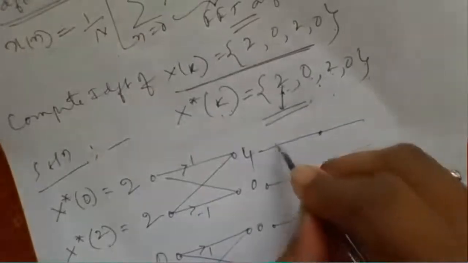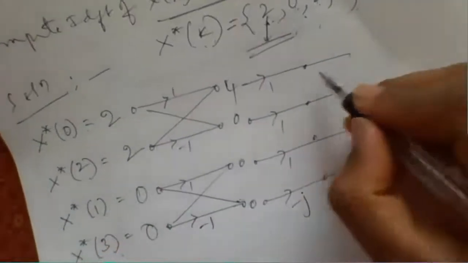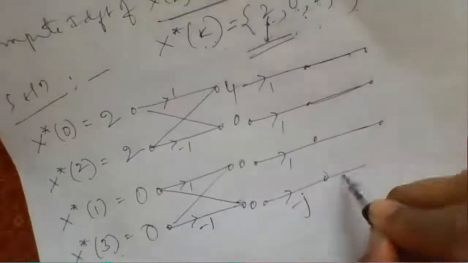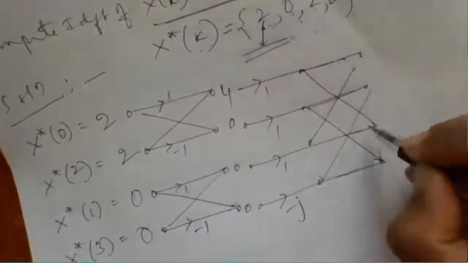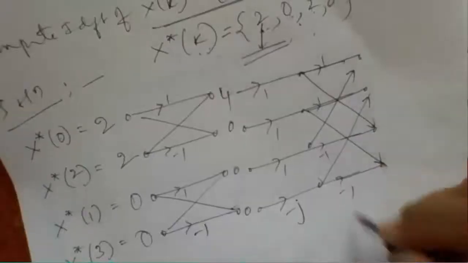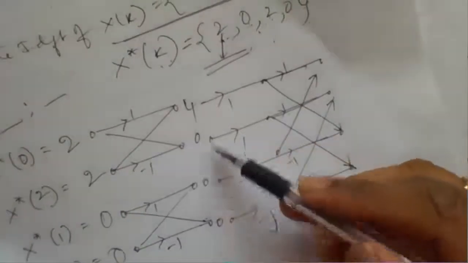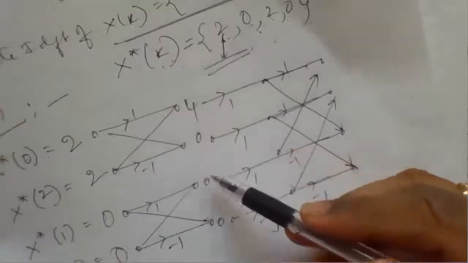Here itself you can compute the signal flow graph, or you can write it separately also. Now show the twiddle factors 1, 1, 1, minus j, and then complete the graph. We have very simple numbers, 4 0 0 0.